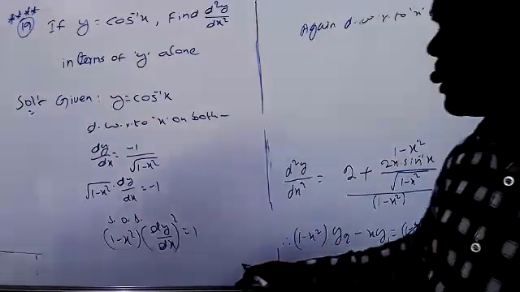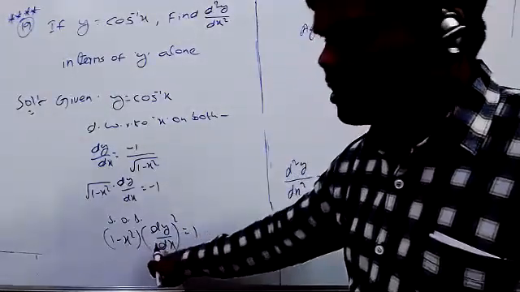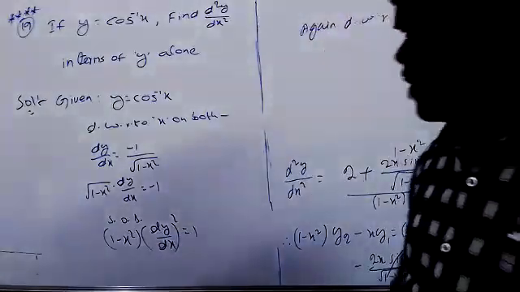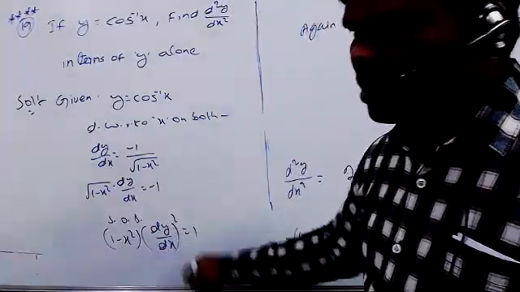Now, when you differentiate this function, what can you tell me? It's like d by dx of 1 minus x square into dy by dx whole square, you can apply the uv formula. u equal to 1 minus x square and v equal to dy by dx whole square.